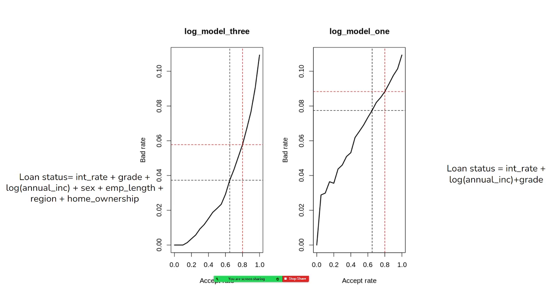Another thing that we would like to point out is that if in the third model we had an acceptance rate of 20%, the bad rate will be 0.361%. However, if we did the same acceptance rate for the first model, we will have a bad rate of 3.55%.